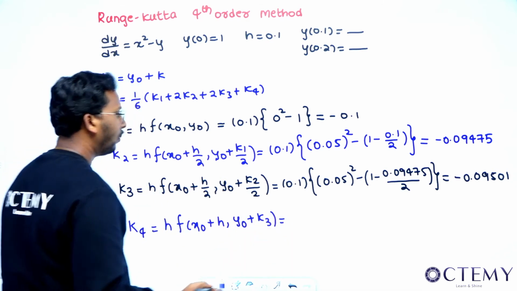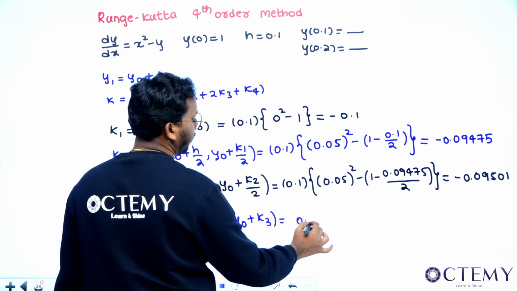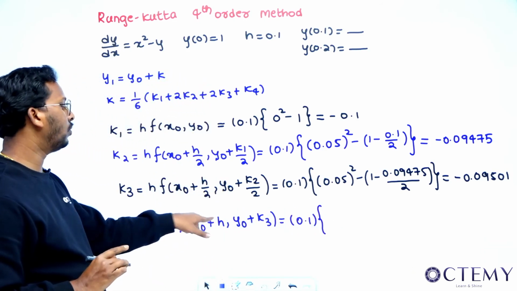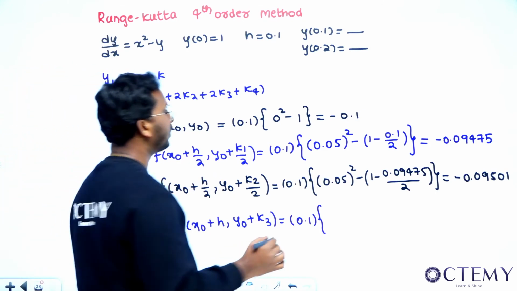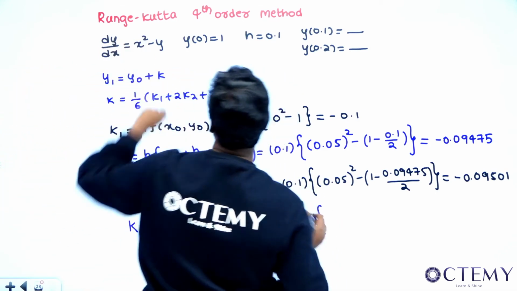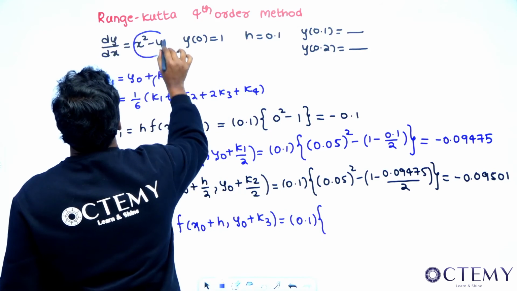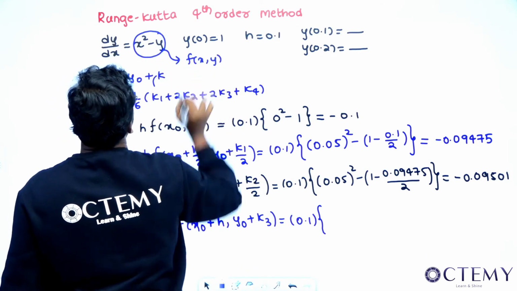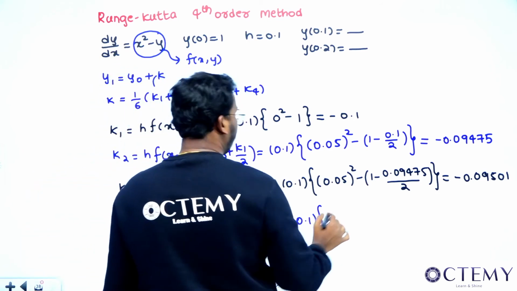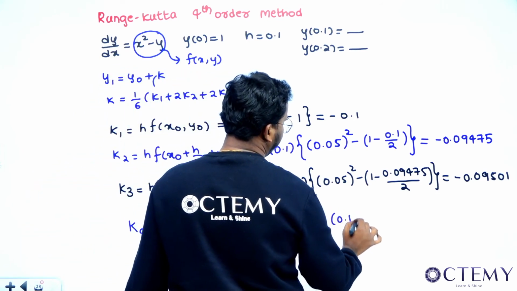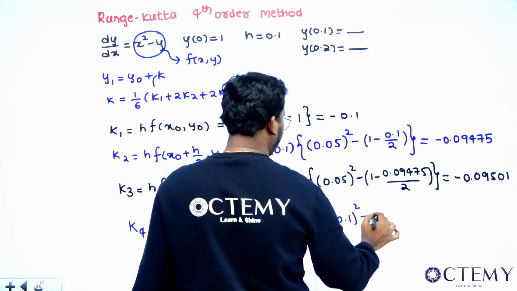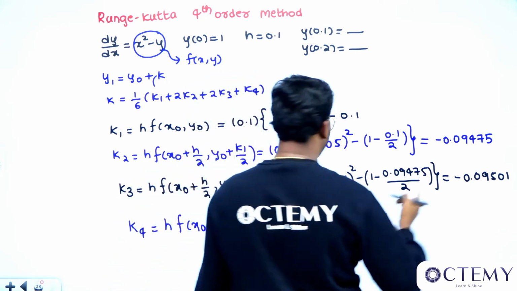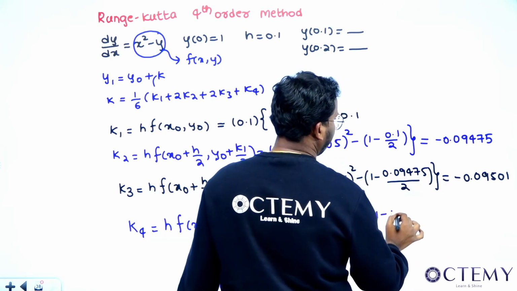So that will become 0.1 into, this is 0 and this is h, that is 0.1 square, because this is my f of x comma y. So that will become 0.1 square minus, what is your y naught? 1 plus K3. What is K3? This is your K3.